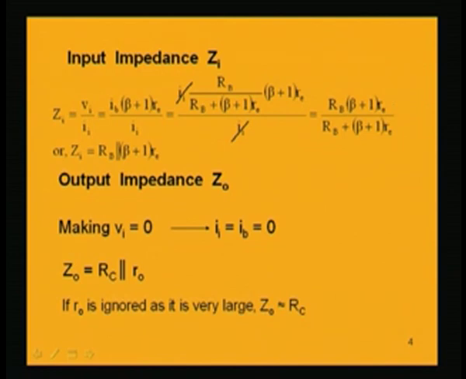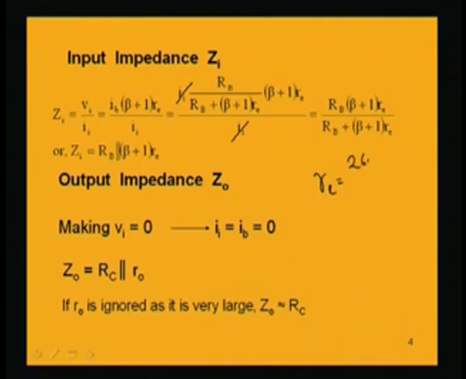Here we find that all these parameters are passive parameters, either resistances or the current gain beta, and this Re, in fact, is the small r small e, the resistance coming from the transistor model, which we can find in this particular example.